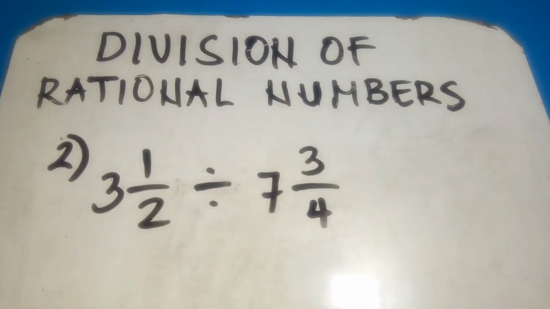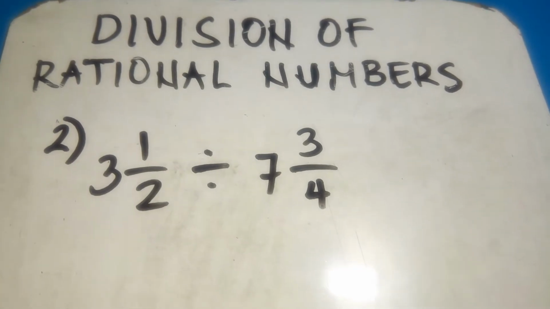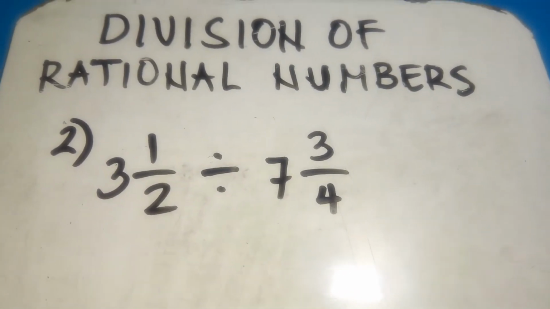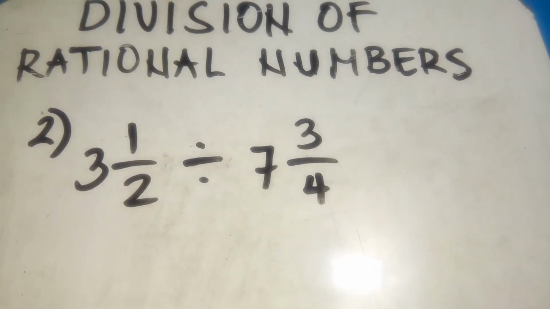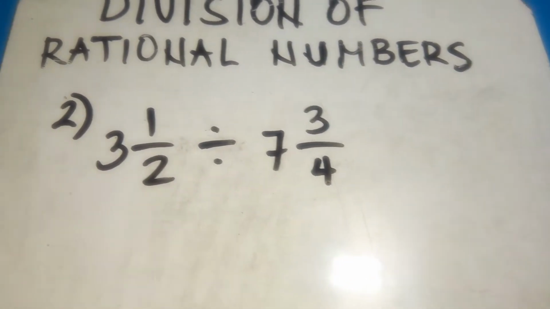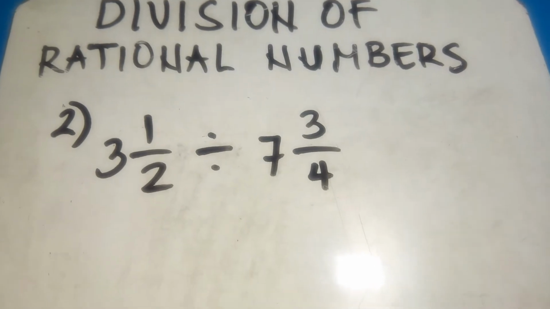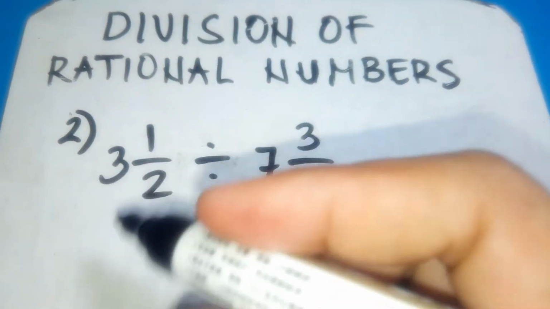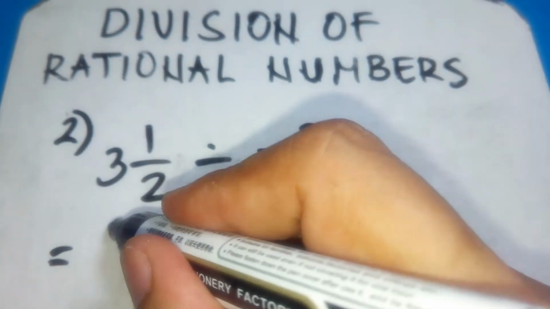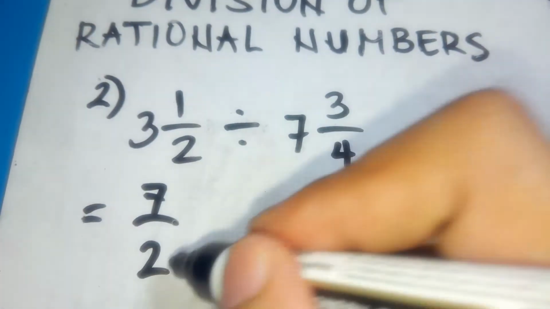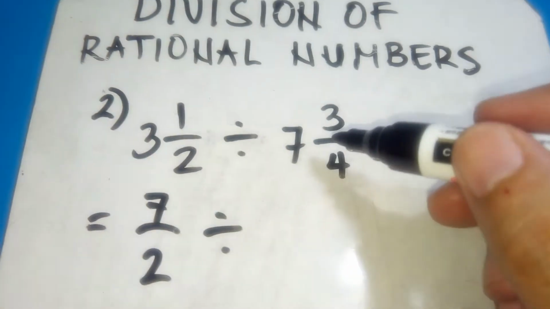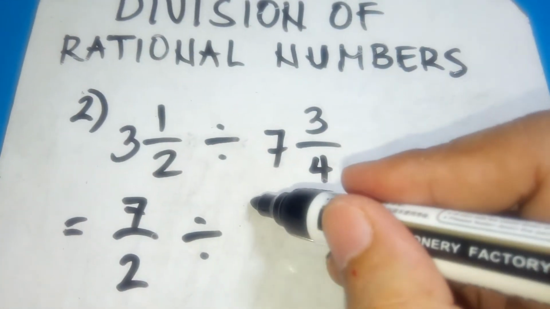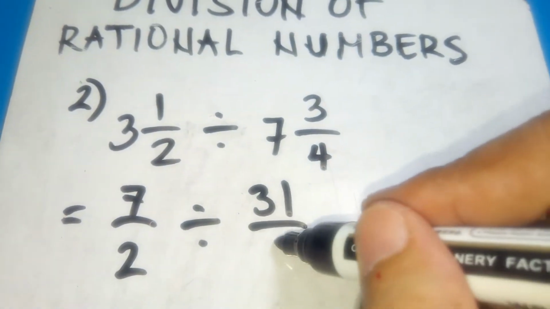Let's have example number 2. They are both mixed numbers, so we will change the mixed numbers to improper fractions. That's 3 times 2 plus 1, so that's 7 over 2, divided by 7 times 4, 28 plus 3 is 31, so 31 over 4.